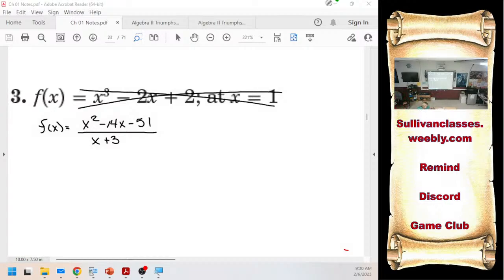Tell me what type they are. I see a rational function. First thing I do, factor, factor, friggin' factor. That is a 14, yeah.